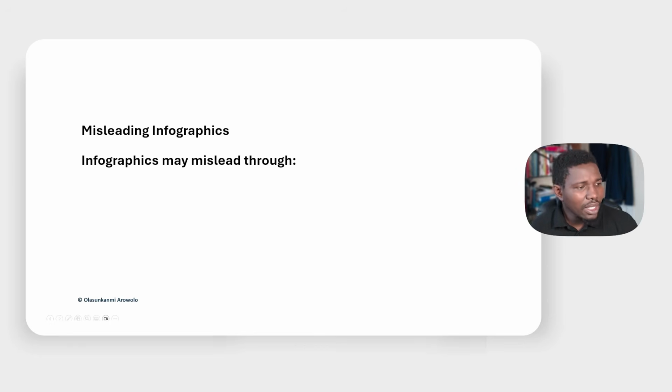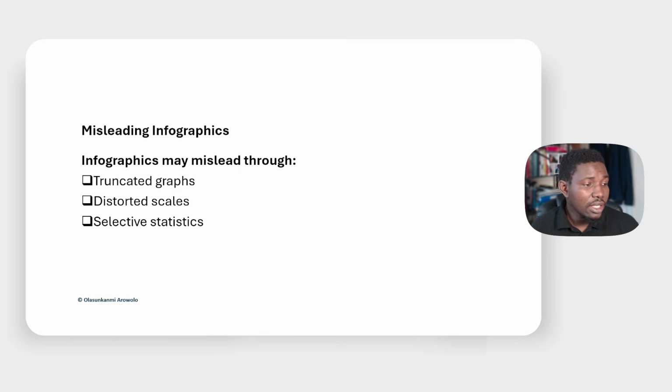So infographics could mislead through truncated graphic designs. They could mislead through distorted scaling. They could mislead through selective statistics, when they select statistics to influence what people think. I could give an example of distorted scaling, but I don't need to do that in this video.